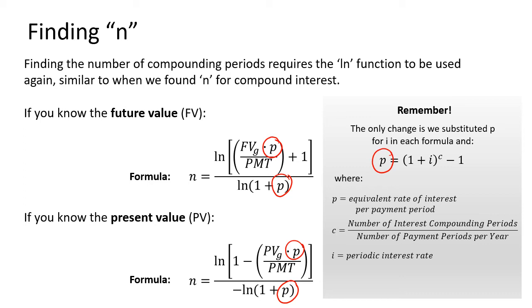The formulas, just like payment, depend on whether you know the future value or the present value. The way the questions are worded, if you're trying to accumulate value, especially in a savings account, then the value you know is usually the future value. If you have a mortgage, car payment, or a loan that you're paying off, that is usually giving you the present value.